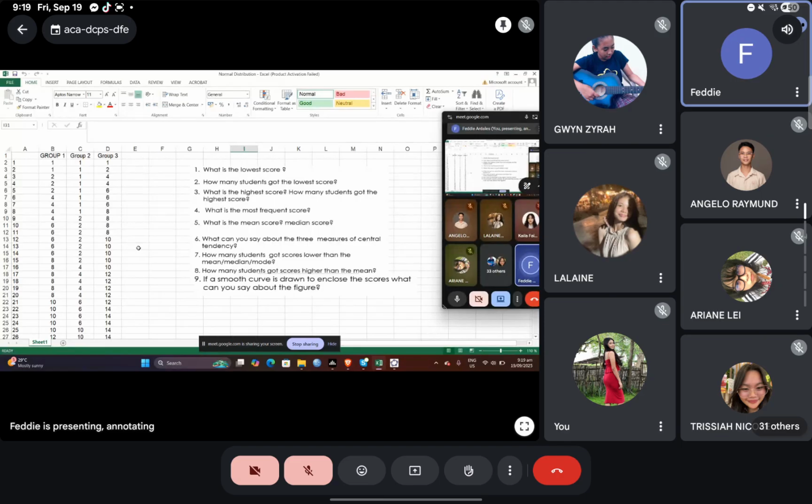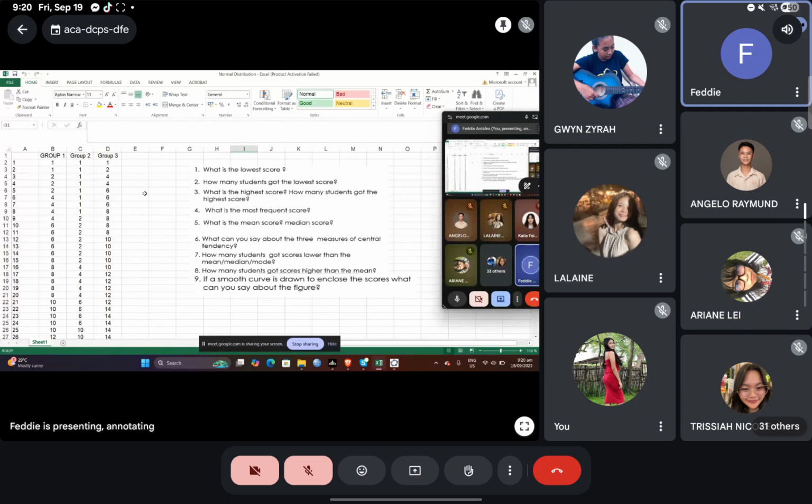Since the data are already arranged, we can easily determine the lowest score between the groups. The lowest score in group 1, group 2, and group 3 is 1. But the difference is that in group 1, only 2 students got the lowest score, while in group 2, 9 students got the lowest score.